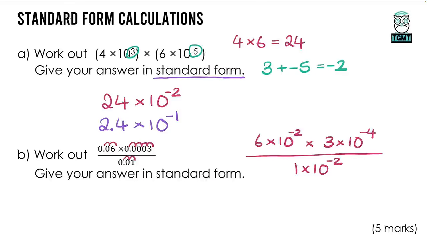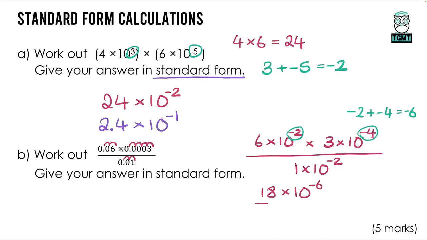So if we apply some of the methods that we have used in that previous question, we can actually complete the top there because we have 6 times 3, which is going to be 18. And then we're going to add those powers together. So if we add the powers on the top, we have negative 2 add negative 4, minus 2 plus minus 4 is equal to negative 6. So it's going to give me a power of negative 6.